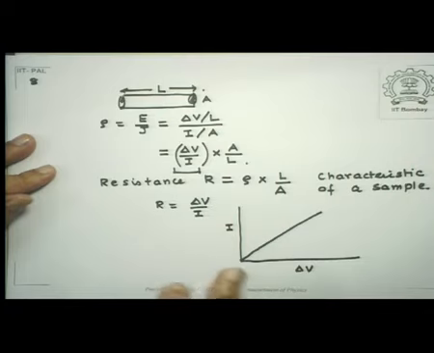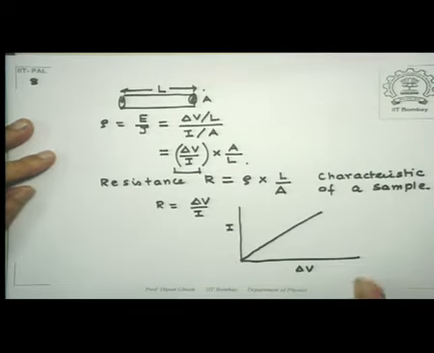Now, it turns out that a very large class of materials follow this simple relationship, and in fact, most of the time, unless specifically stated, we assume that the conductors with which we work are ohmic material.